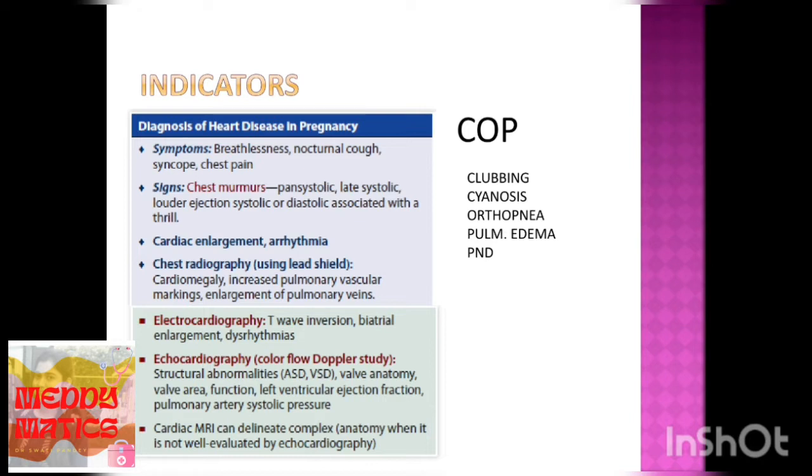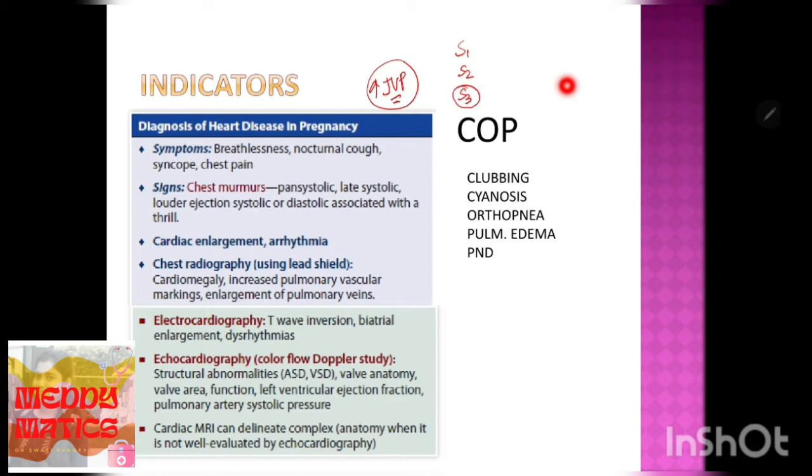The indicators are, first, increased JVP. JVP is normal and unaffected during pregnancy, but it is abnormal if it is increased. In the heart sounds, you have learned S1, S2, S3.